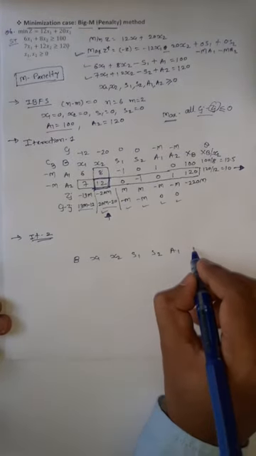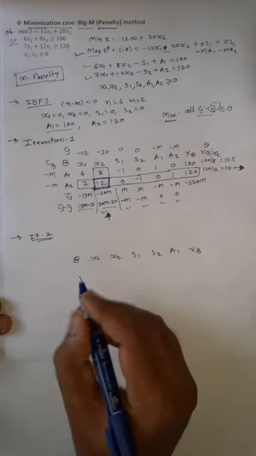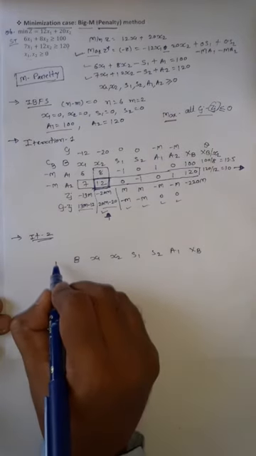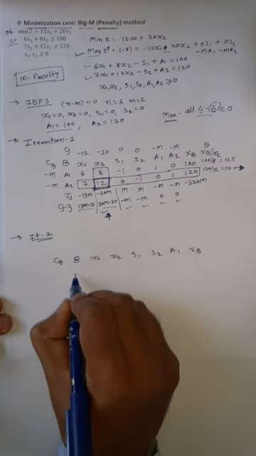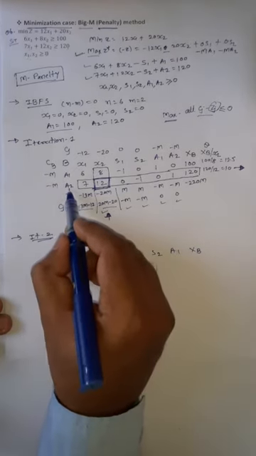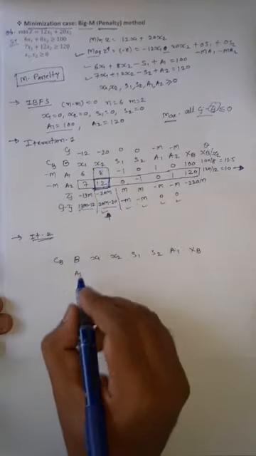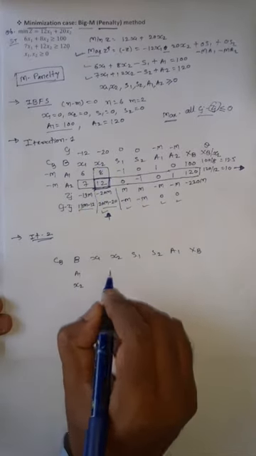So directly xb will be here, and on the left-hand side the coefficient of the basic variable, and the basic variables are here first a1 and a2, but instead of a2, x2 is the incoming variable, so here x2.